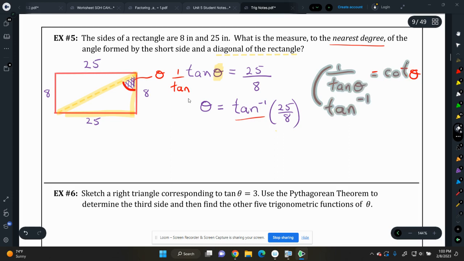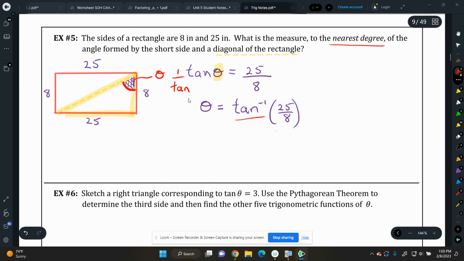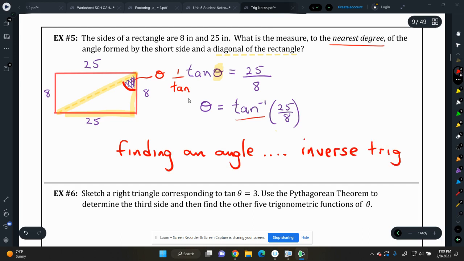When we are trying to find an angle, we will use the inverse functions. In this case, we're using the inverse tangent.